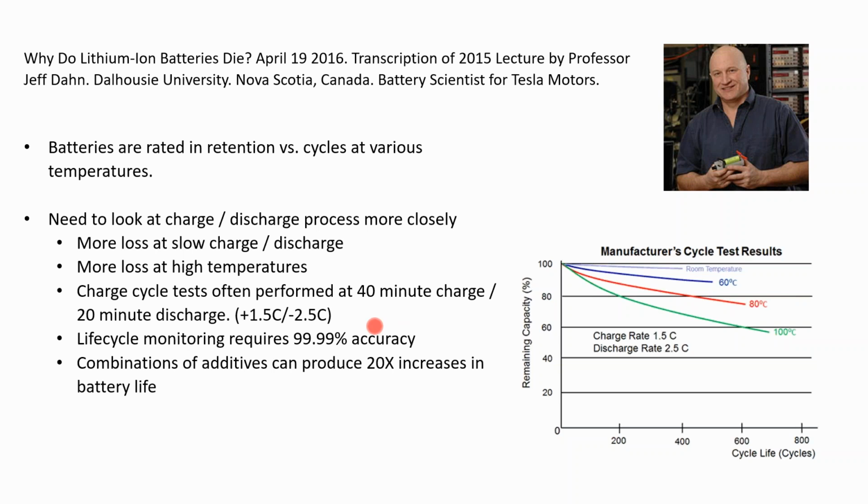But a battery that is actually charged and discharged with solar might be charging over 5 hours. And off-grid residential, you might be discharging the battery over a period of 20 hours. Or if you're doing demand management, you might be discharging it over a period of 2 or 4 hours. That is, the batteries are going to have actually less life than what this 40-minute, 20-minute charge discharge cycle rating is indicating.